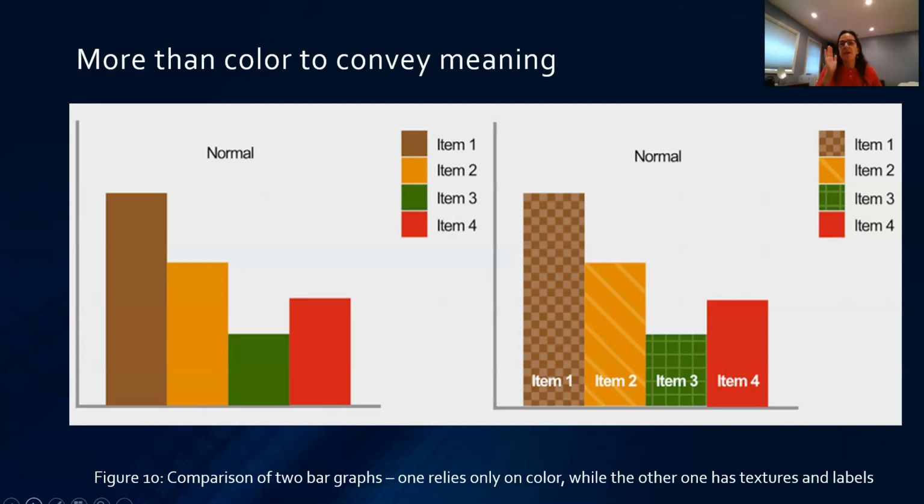So think about it. Again, if you're colorblind, then this graph will be very difficult for you to interpret, because you don't know exactly what item refers to what color.